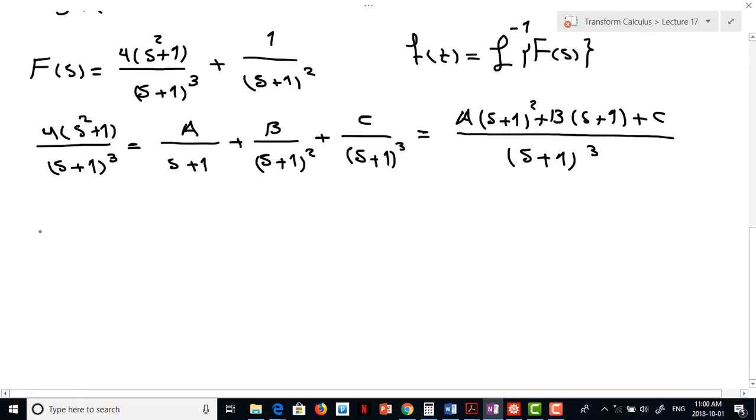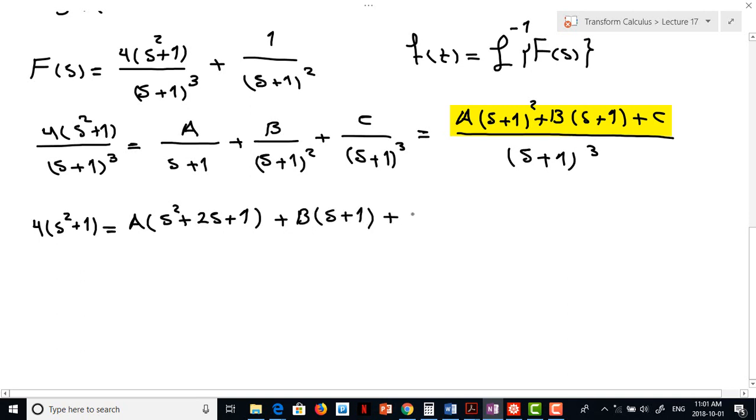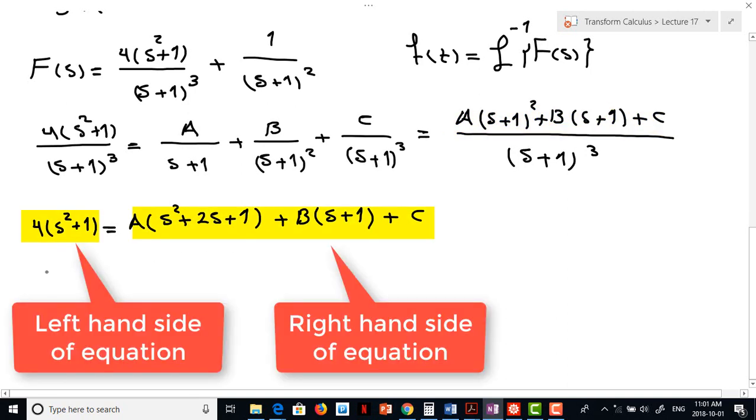As a result, the left hand side of the equation, we have 4 times (s squared plus 1). It's equal to the right hand side, so we have A times (s plus 1) squared, so it's s squared plus 2s plus 1, plus B times (s plus 1) plus C. Now I look at the coefficient of s squared on the right hand side and left hand side.